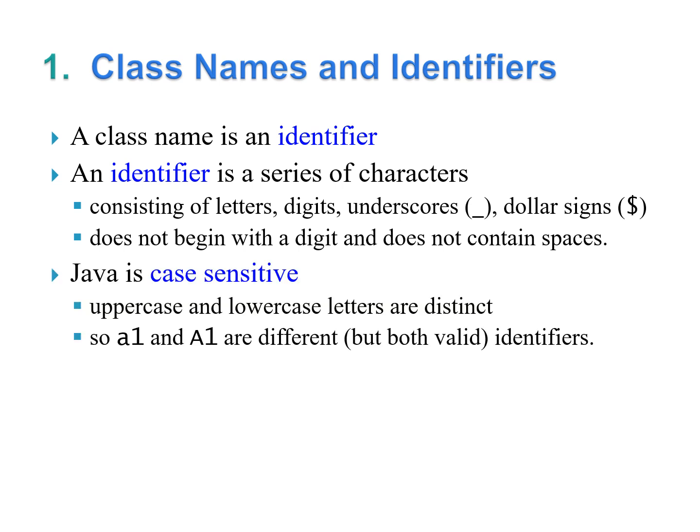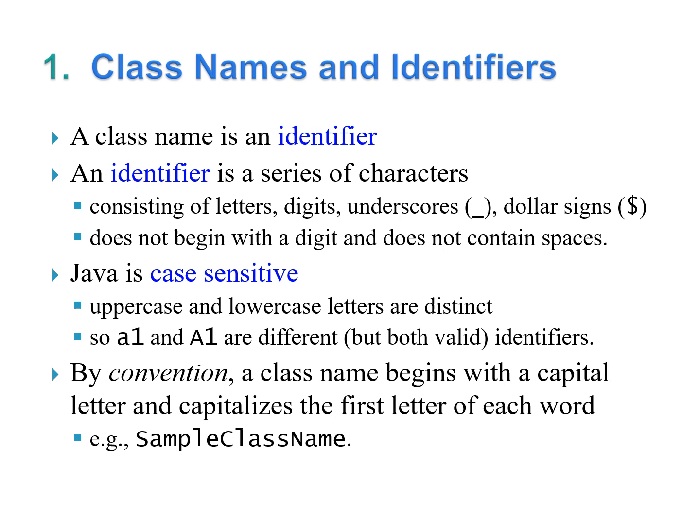Note that Java is case sensitive. That means that uppercase letters and lowercase letters are distinct. Therefore, the identifier that starts with little a followed by one, and the identifier that starts with capital A followed by one are different, but they are both valid identifiers.